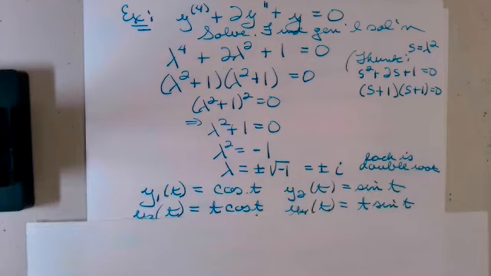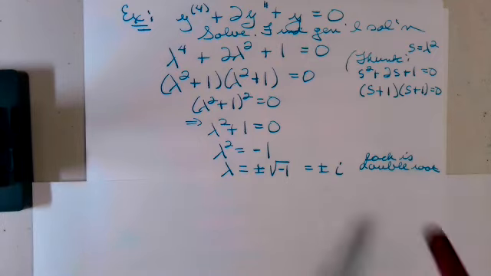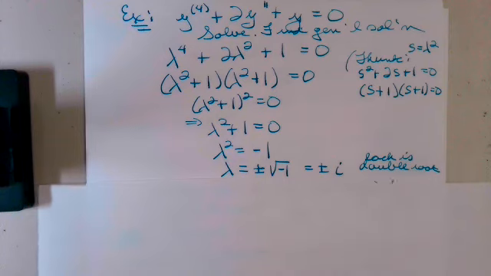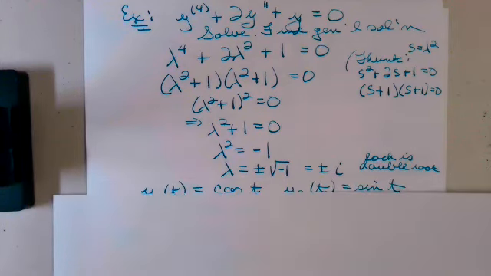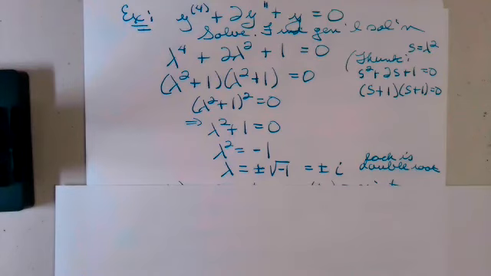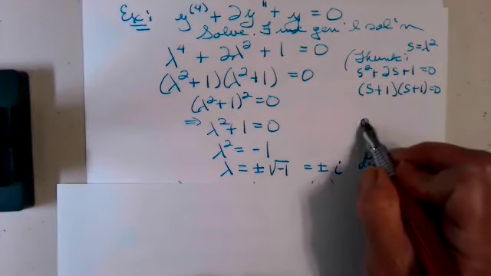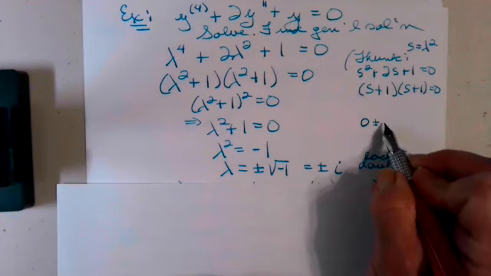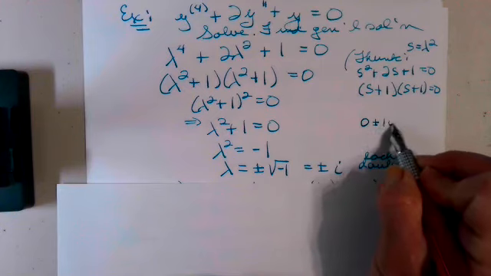Now, when you had plus or minus i as an eigenvalue in the second order equations, what kind of solution did you get? Well, you thought of that as 0 plus or minus 1 times i.